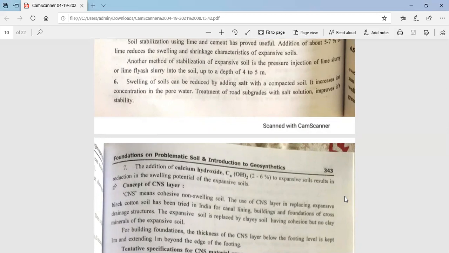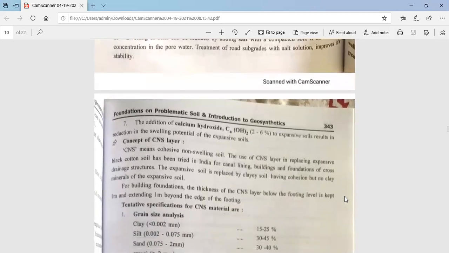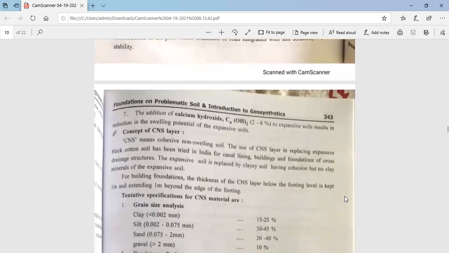Treatment of road subgrades with a salt solution improves its stability. And the addition of calcium hydroxide, Ca(OH)2, 2 to 6% to expansive soils results in a reduction in the swelling potential of the expansive soil.